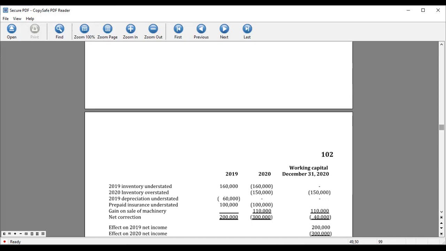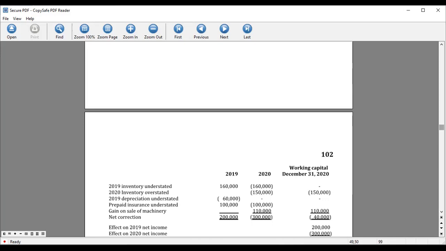Then we have prepaid insurance understated by 100,000. Understated in 2020, overstated in 2019. And the last, you have a prepaid insurance of 100,000. So the effects of this will be posted.